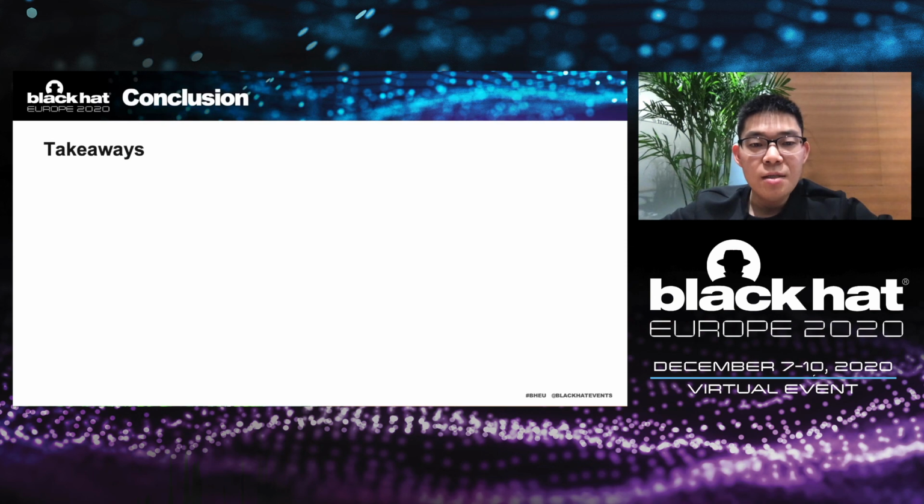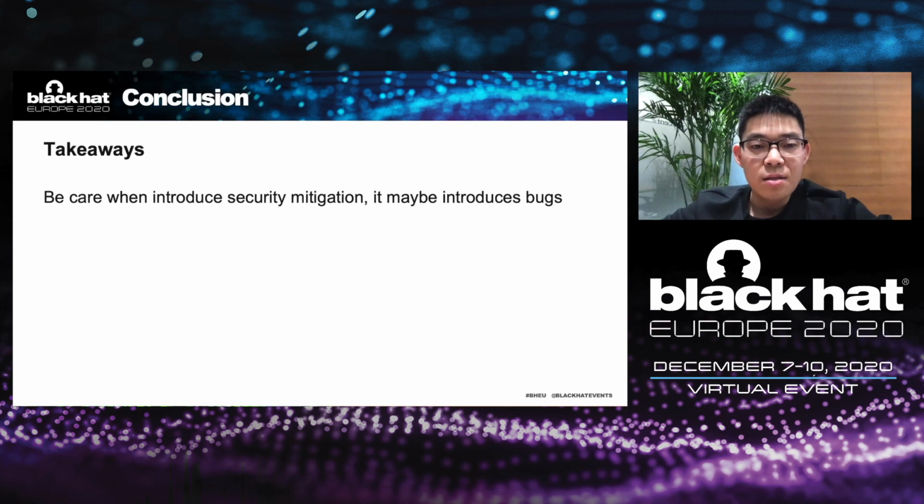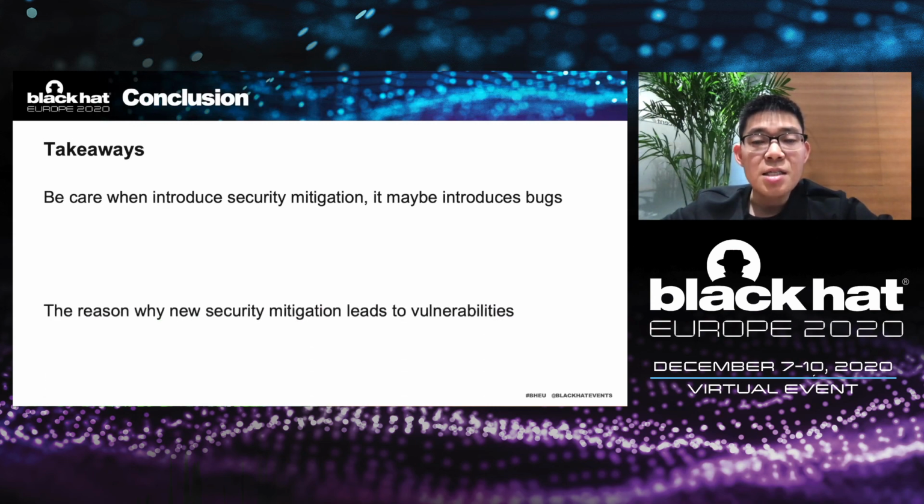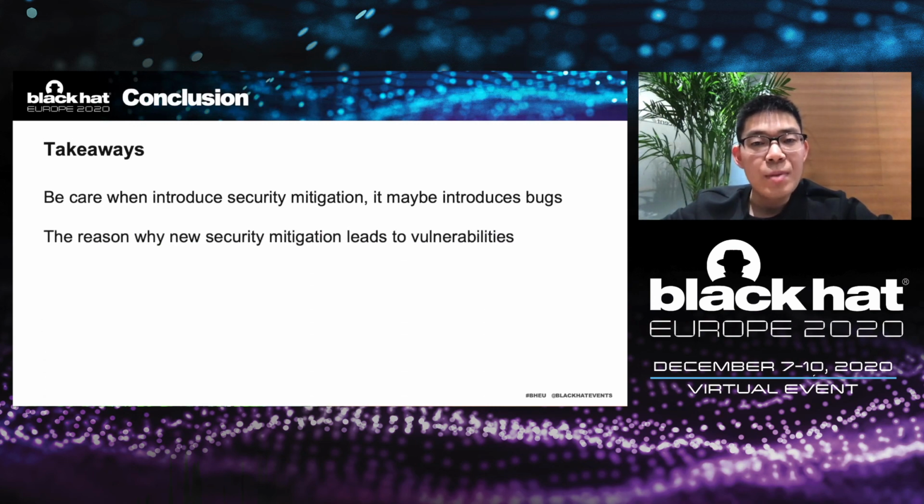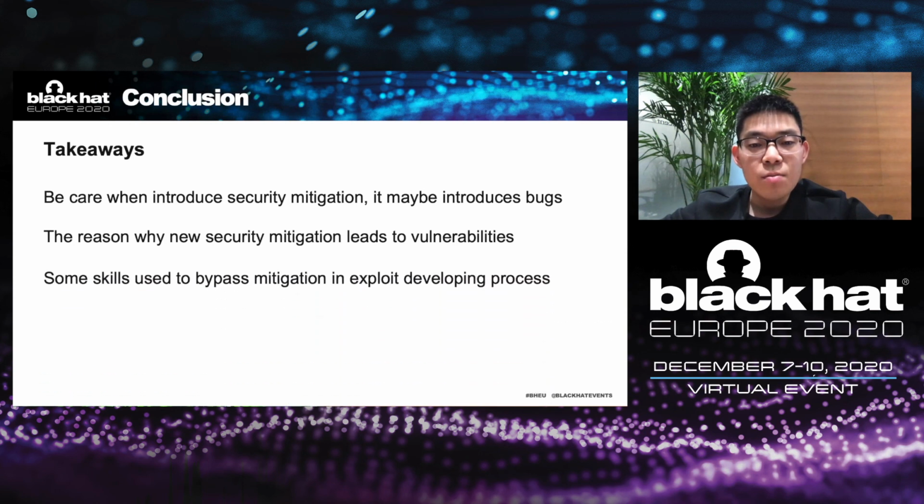Some takeaways: be careful when you introduce security mitigation. It may introduce bugs. We explain the reason why new security mitigation leads to vulnerabilities. We also detail some skills to bypass all kinds of mitigation in our exploit developing process.